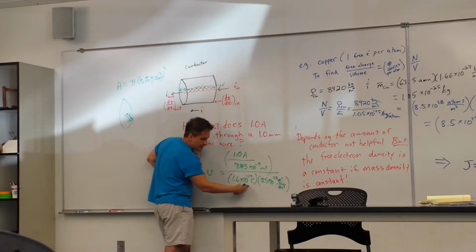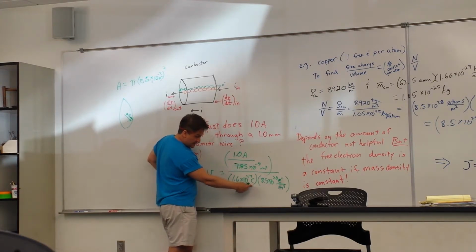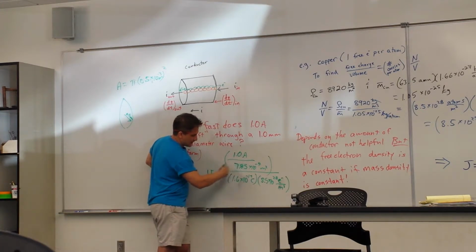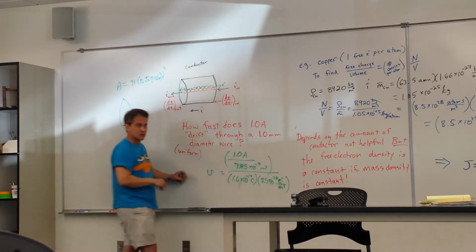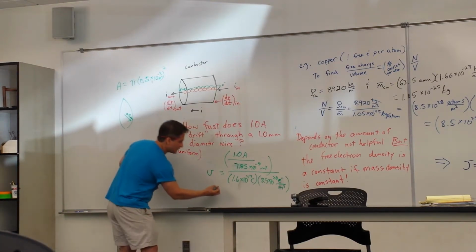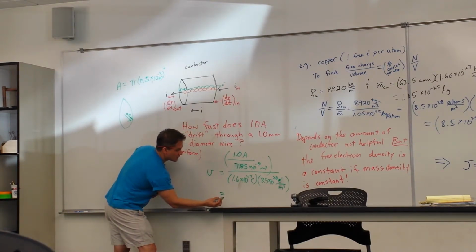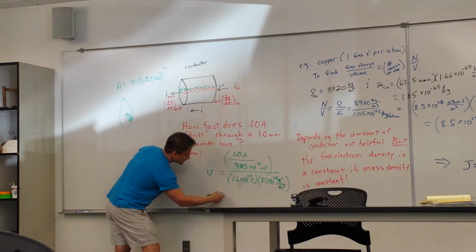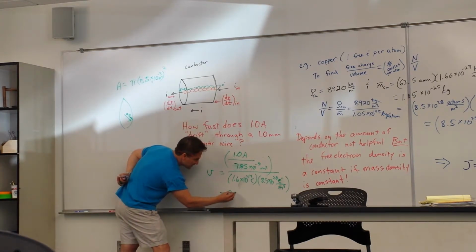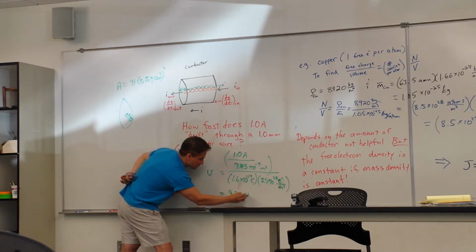And this is 10 to the negative 26th, and we've got 10 to the 28th. So that's 10 to the negative 2, and then we divide by some other stuff there. It's going to be somewhere around 10 to the negative 4. You've got to do 9.3 times 10 to the 1 times 10 to the negative 4. There you go. So about 9.35 times 10 to the minus 5.